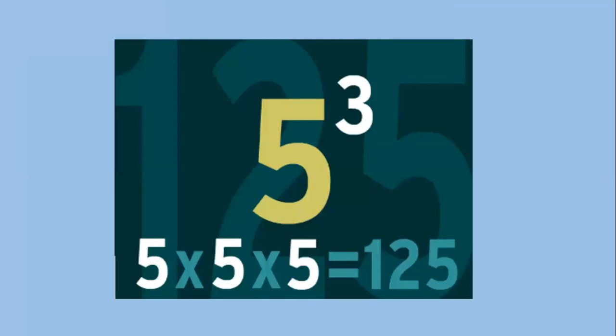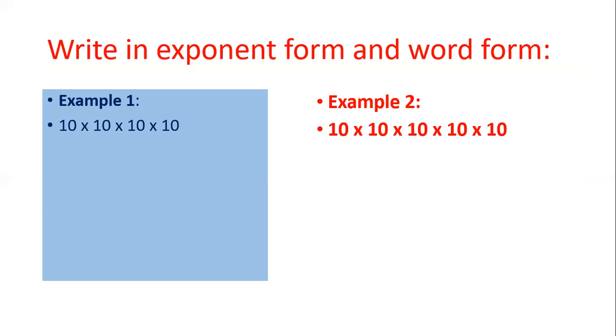The base number is 5 and the exponent is 3. So when you expand, you will get 5 times 5 times 5. 5 times 5 is 25, 25 times 5 is 125.